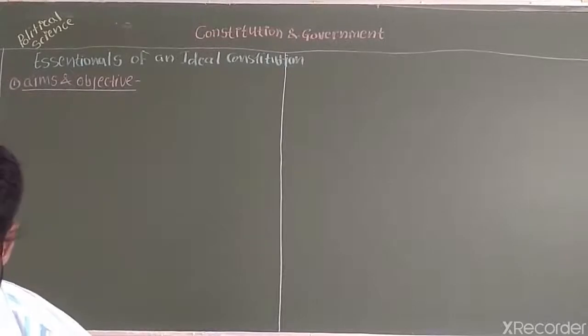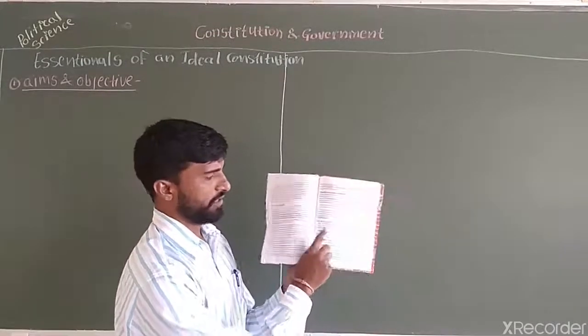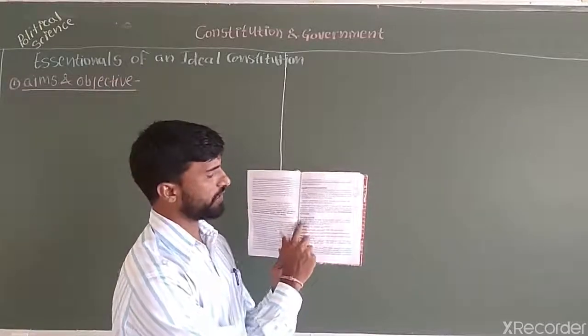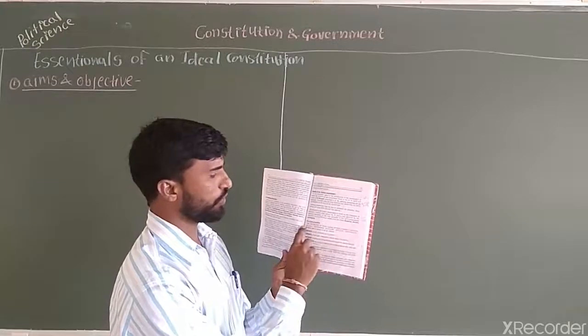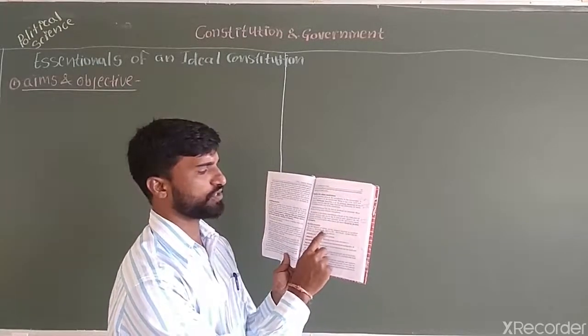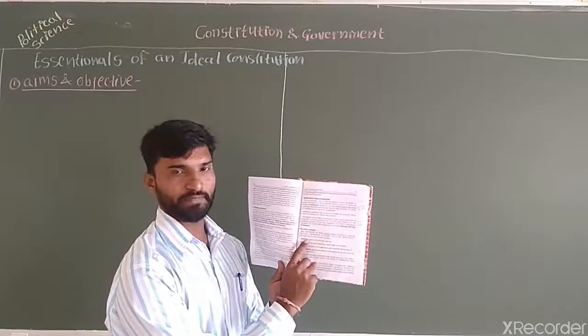In the 5th unit we will study in detail about the preamble. You can see here the constitution starts with: We, the people of India, having solemnly resolved to constitute India into a socialist, secular, democratic republic.